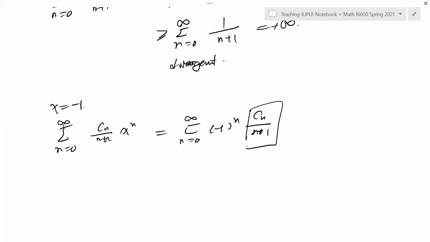This is a challenging problem. How to prove it's convergent, because Cn is n or negative n, right? Clearly, the nth term approaches 0, so you have to go through the proof.